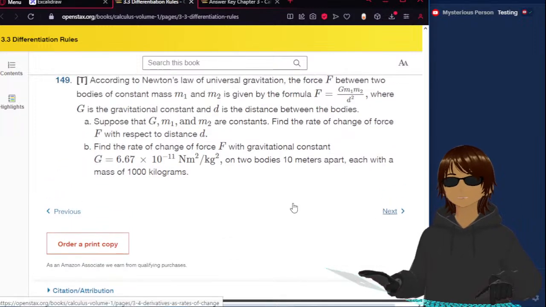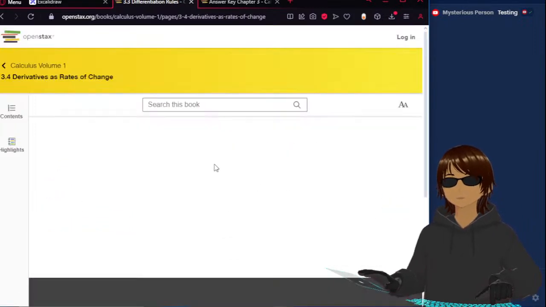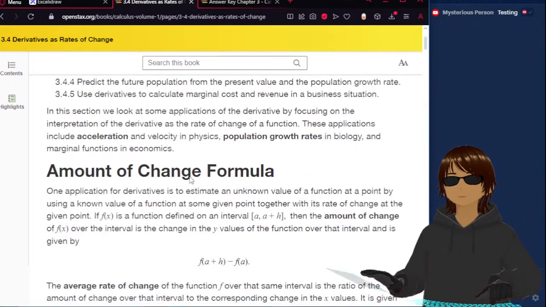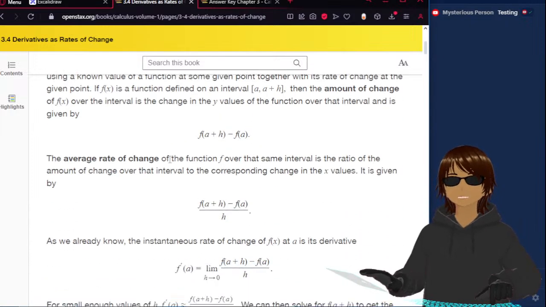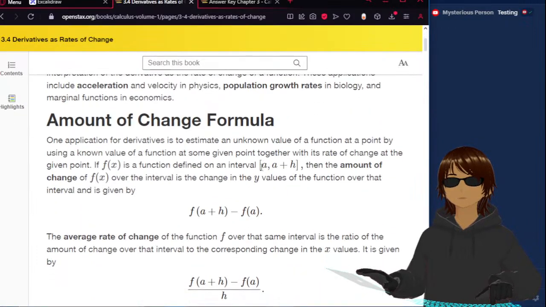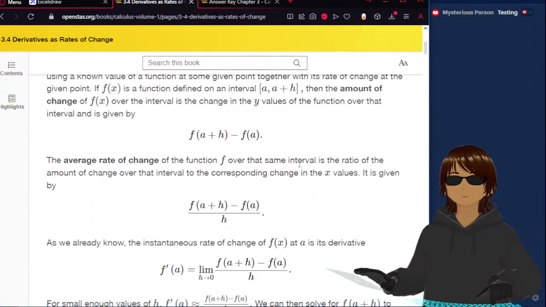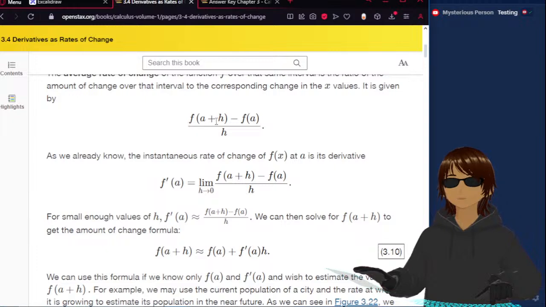Let's go to the next chapter. Derivatives as rates of change. The average rate of change of a function f over that same interval is the ratio of the amount of change over that interval to the corresponding change in the x values, given by f of a plus h minus f of a, all divided by h.